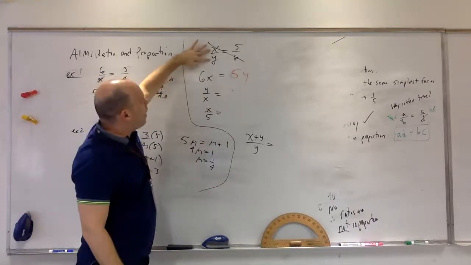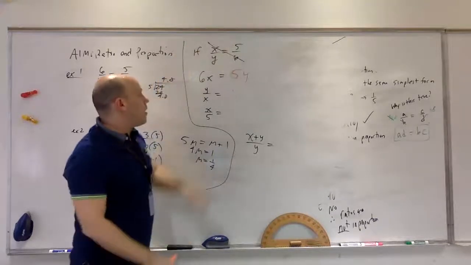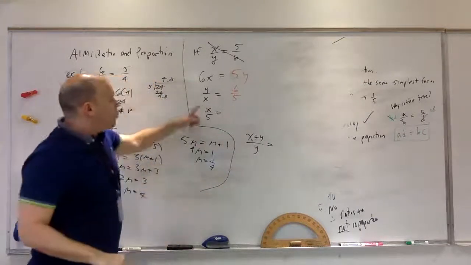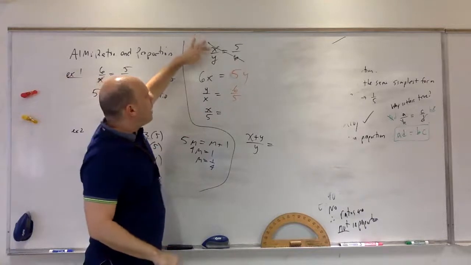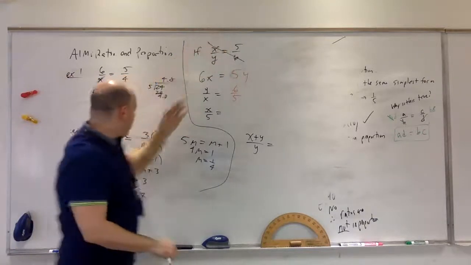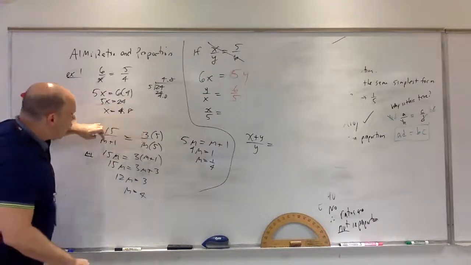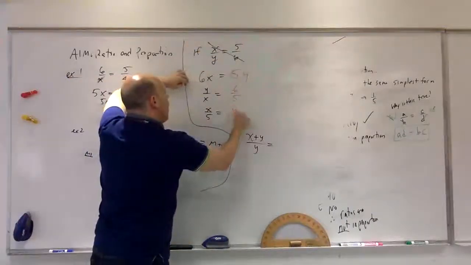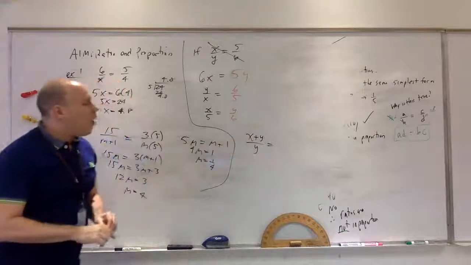Well, it does work if you flip this upside down and flip this upside down. X over 5. Well, let's think about this. We have x is to y as 5 is to 6, but in the last problem we saw 3 is to 15 as m is to m plus 1. So x is to 5 as y is to 6. That makes sense.